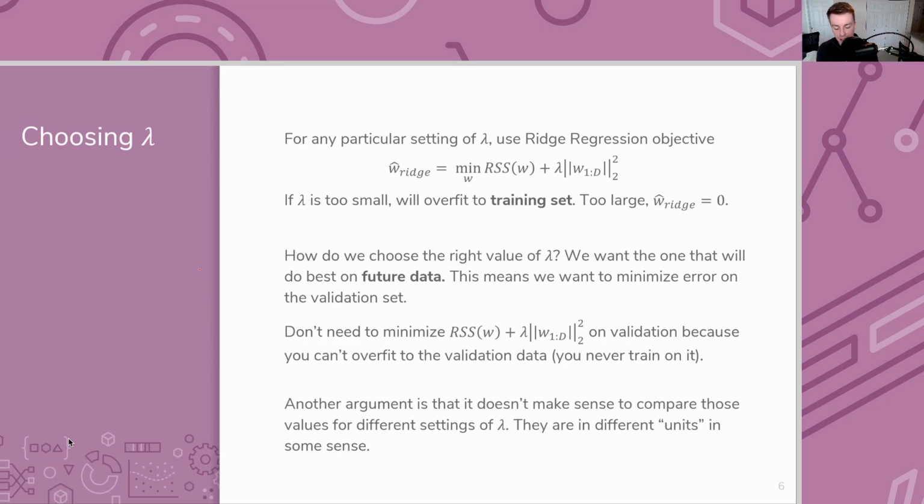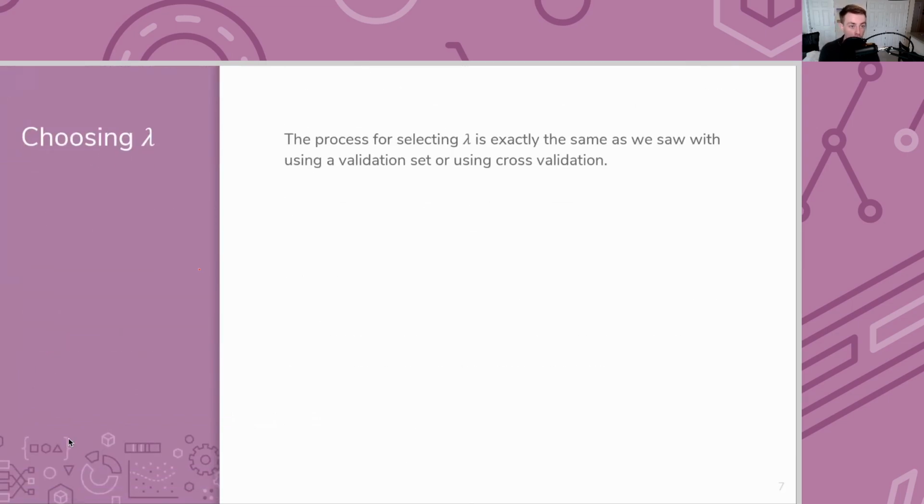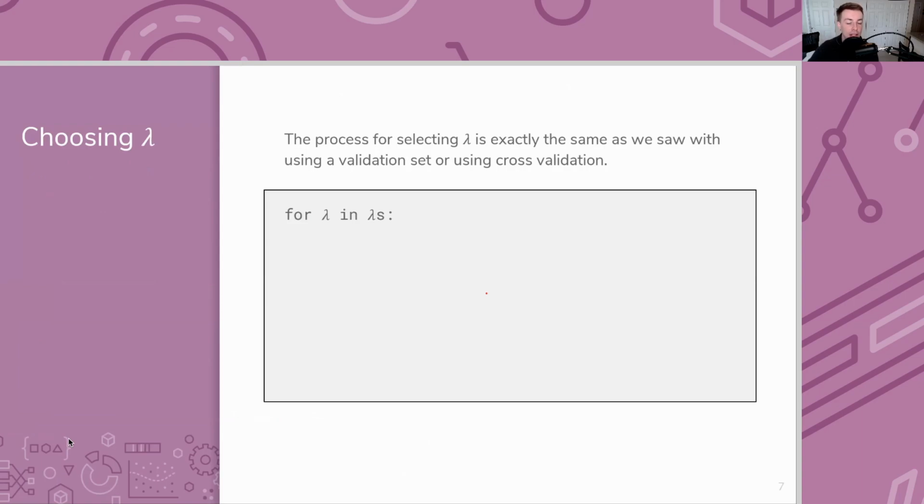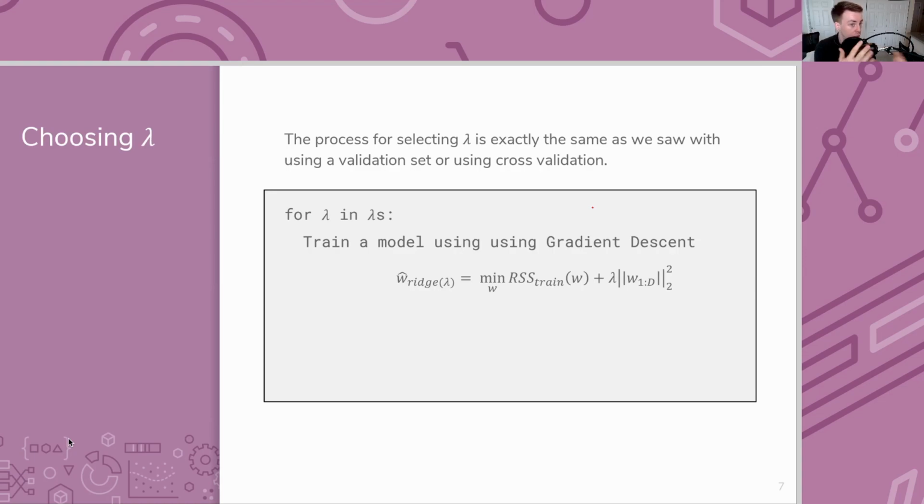So generally, the way model selection will work when you're trying to use a validation set is exactly like using something like a validation set or cross-validation. For every possible lambda, train a model using your quality metric, which in this case is controlled by lambda. For each setting of lambda, the predictor you'll learn will be different. And then we compute a validation error on that learned model using our validation set or cross-validation, whichever you choose.